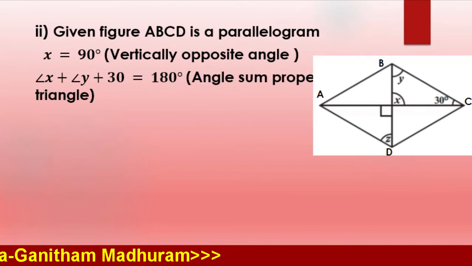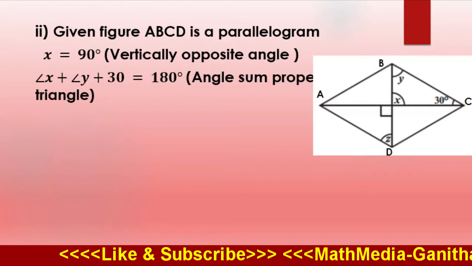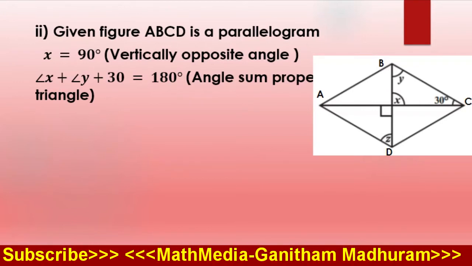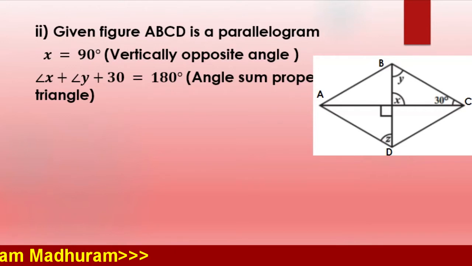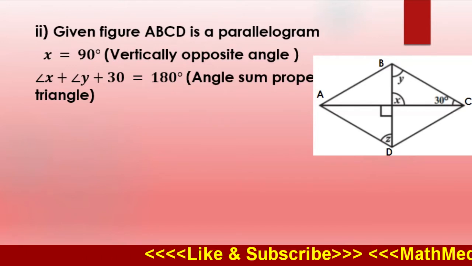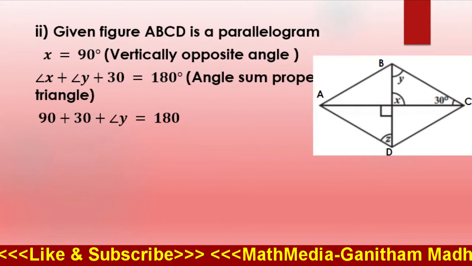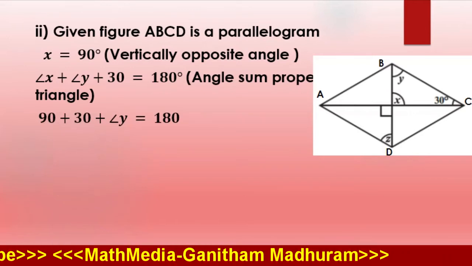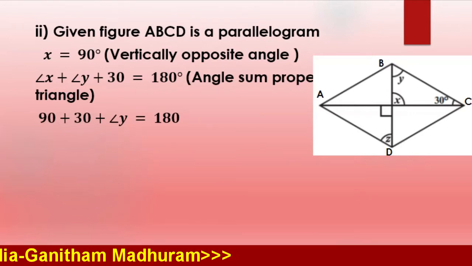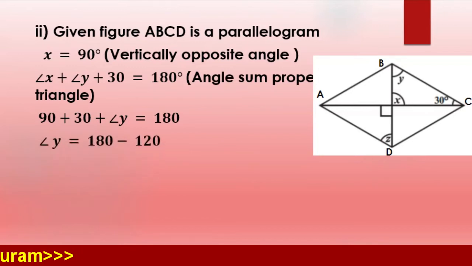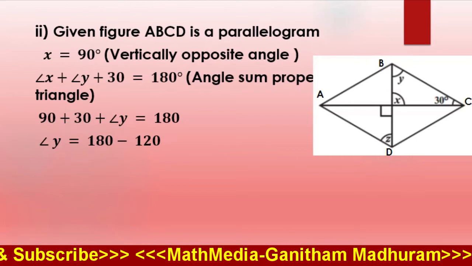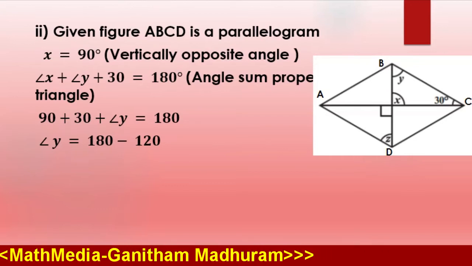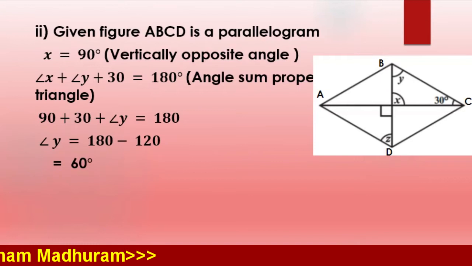Intersection of the diagonals we can mark as O. Hence, if we are considering triangle BOC, x plus y plus 30 degrees equal to 180 degrees by the angle sum property of a triangle. Substitute the value of x, that is 90 plus 30 plus y equal to 180 degrees, or 120 plus y equal to 180 degrees, or y equal to 180 minus 120 equal to 60 degrees.